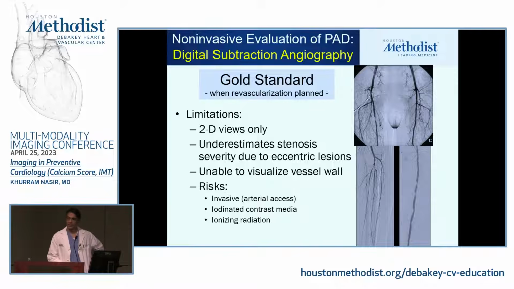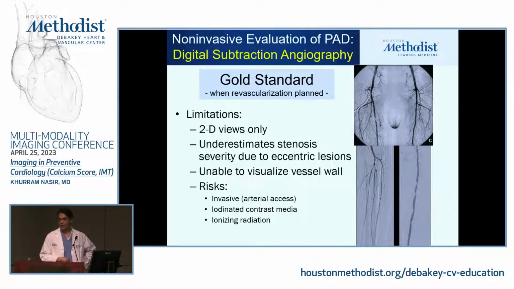However, this technique does have its limitations. A lot of this may be review from other conferences we've had. This is simply a 2D image, so you're basically seeing a luminogram. You can really underestimate stenoses if you have eccentric lesions, and in that particular plane you may not see the eccentric stenosis.